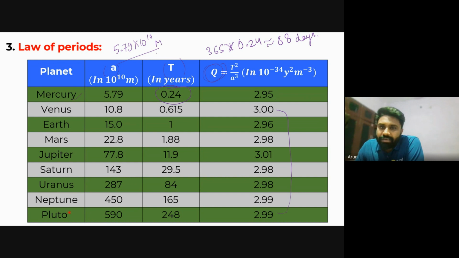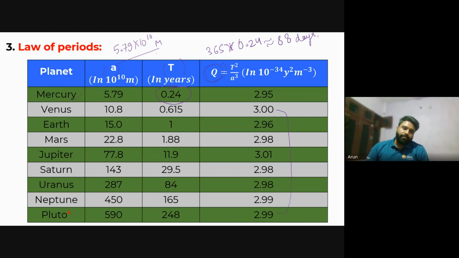It is nearly 3 for each and every planet, which satisfies the constancy of the square of the time period with the cube of the semi-major axis of the elliptical path that is traced by the planet.